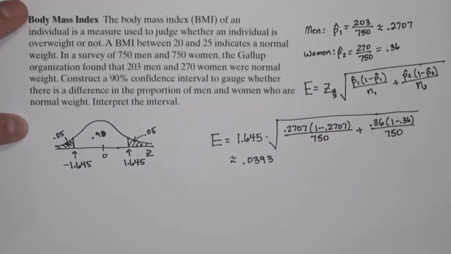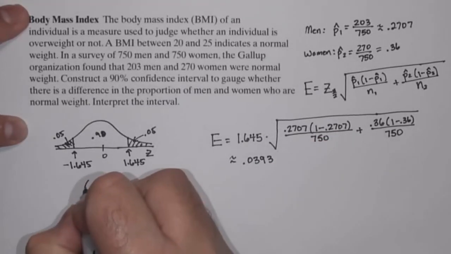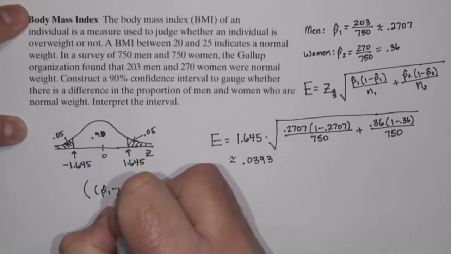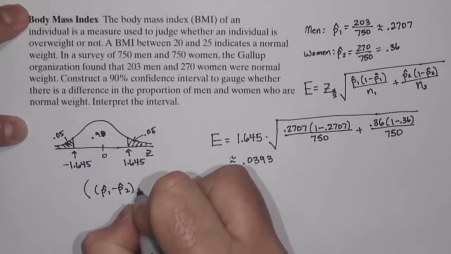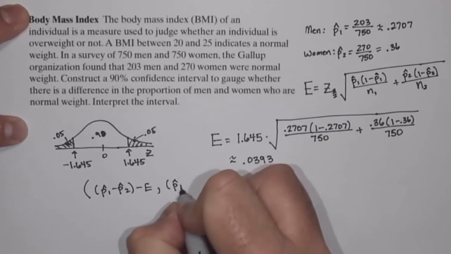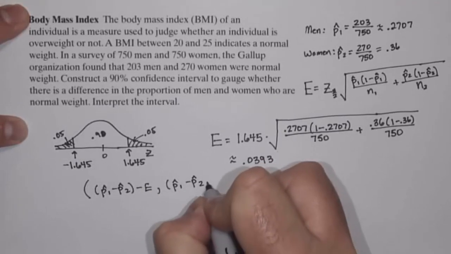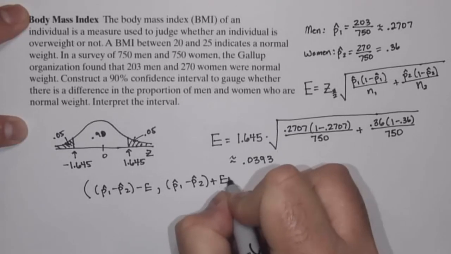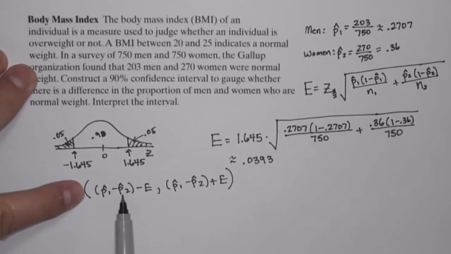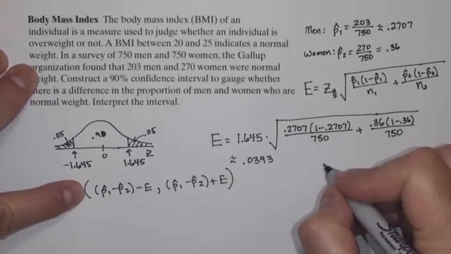So this margin of error is 0.0393. So now my confidence interval is going to be p hat 1 minus p hat 2 minus this margin of error to p hat 1 minus p hat 2 plus the margin of error. So this is going to be my confidence interval. So next I'm going to figure out what is p hat 1 minus p hat 2.